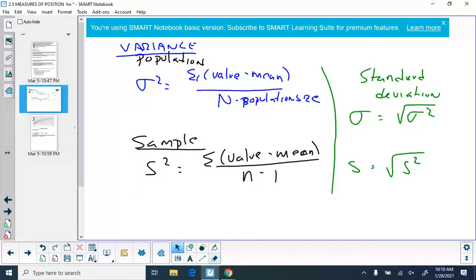This is what you need to calculate your population variance and standard deviations. Once again, the only thing we can do right now is just set up tables.